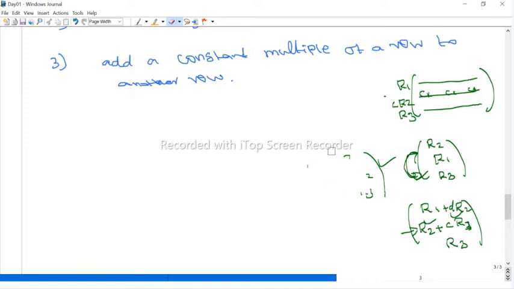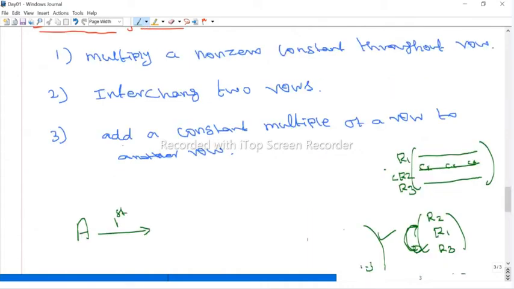So we start with the matrix A. If you apply the first kind of elementary row operation, that means you multiply some non-zero constant throughout some row, you get a new matrix, which we call A1. Then I do another operation on A1.